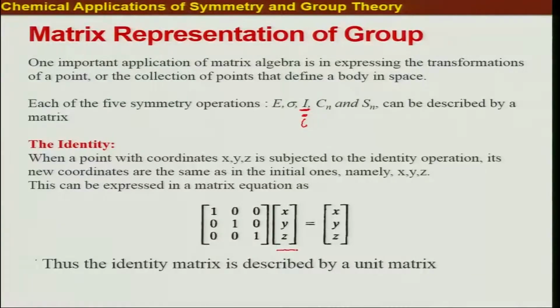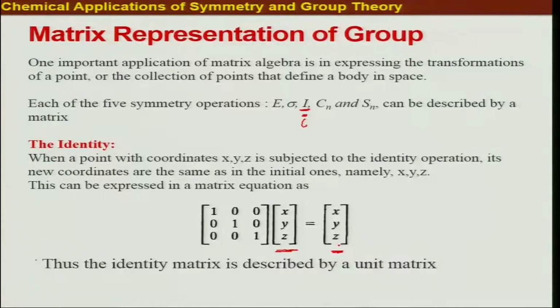So as you can see on your screen, to start with, I have an x, y, z column vector which denotes that particular point that we are considering here, and then after doing the identity operation, my point becomes, or rather remains, x, y, z, which is also represented by a column vector. Since there is no change of this particular point, it will remain the column vector here, a column vector having the same elements in the same order.